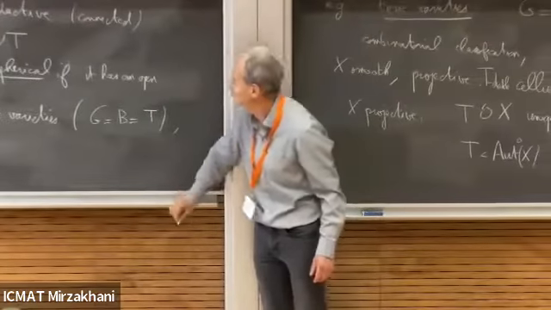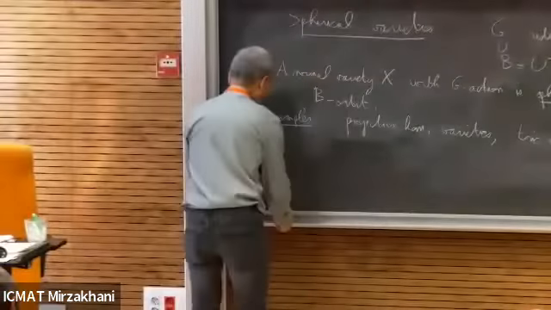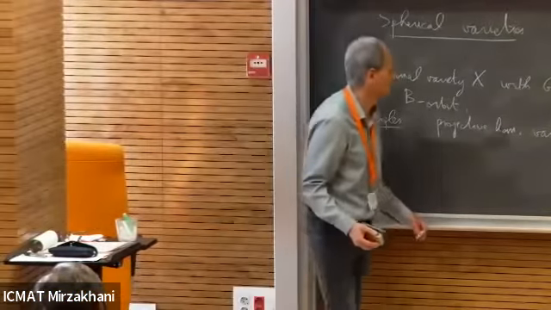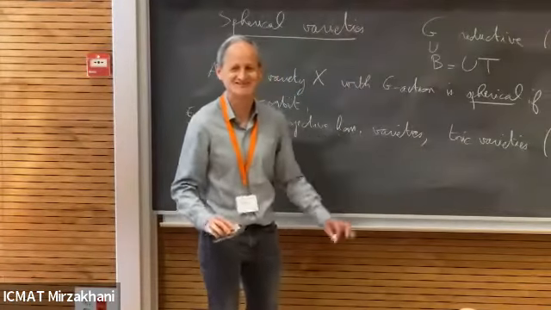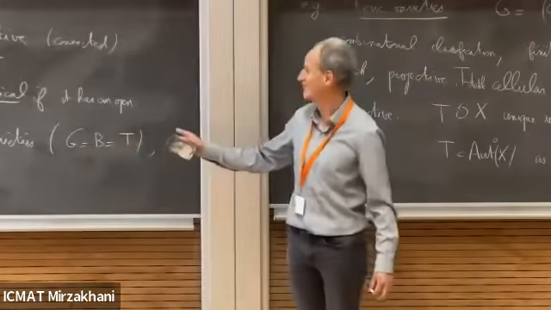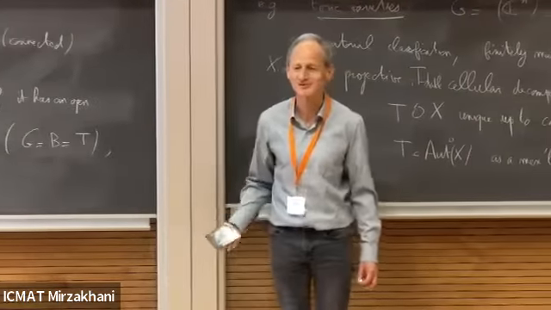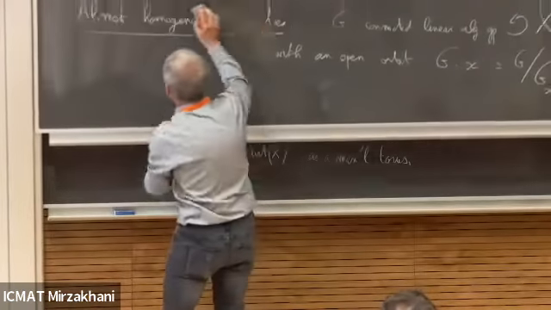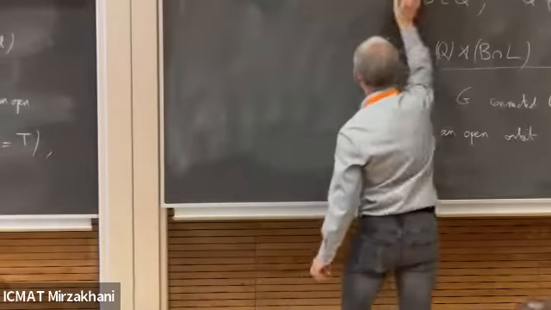So that's kind of maybe the other case. And well, maybe morally, a general spherical variety should be some kind of mixture of both, but it's not really like that. Okay, so well, for some aspects it's close to the truth, and for some other aspects it's a bit misleading. So I don't know what to think, but I will give you some further examples to see what can happen.